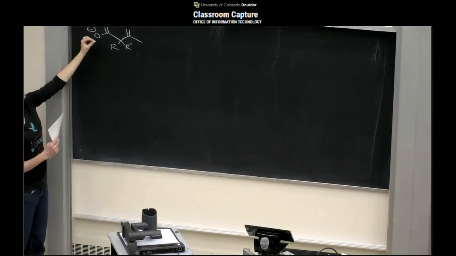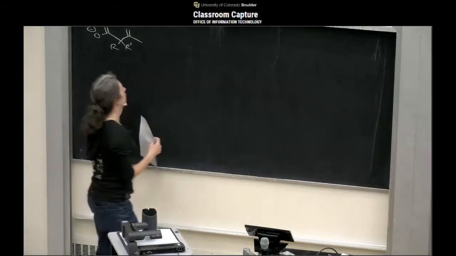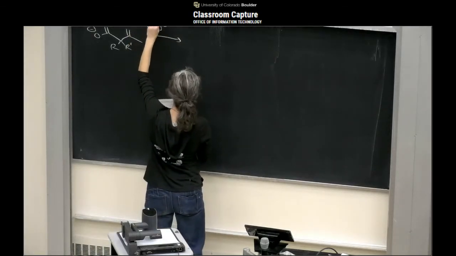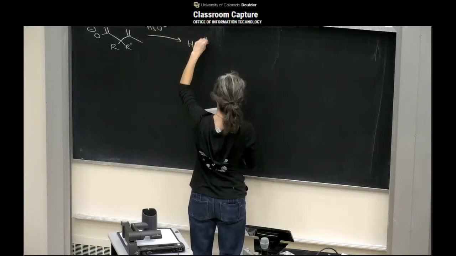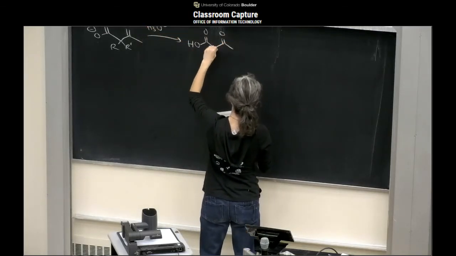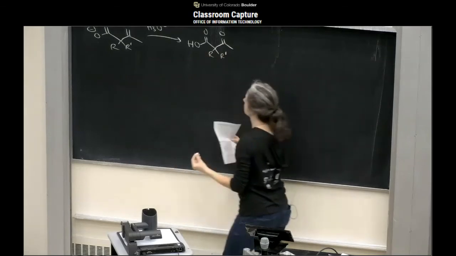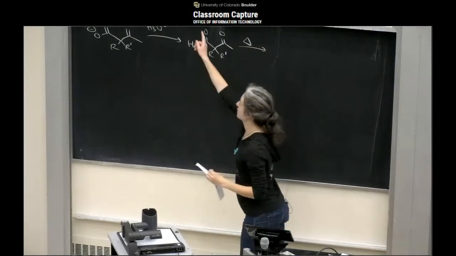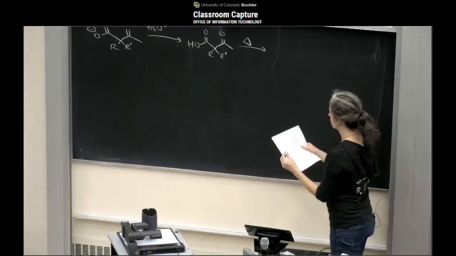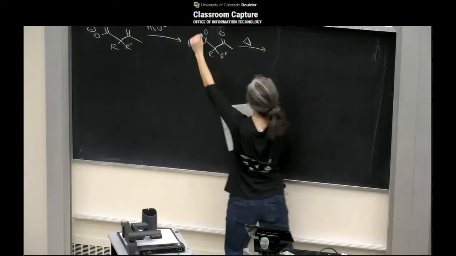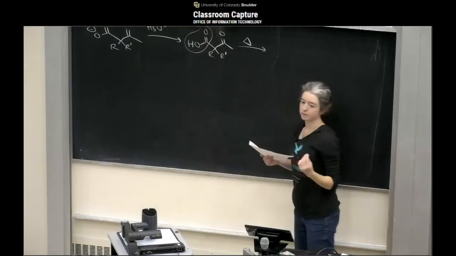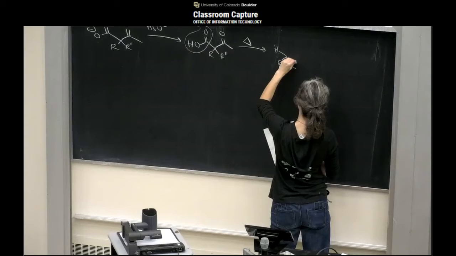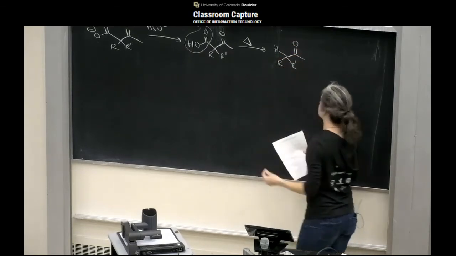So we hydrolyze it to the carboxylate. Then we do a water workup. Get it to here. And then if we heat it, or if we're heating it the whole time we're doing these two steps, which we usually are, then this entire group is going to drop off and we're going to be left with just an H in its place. So like that.